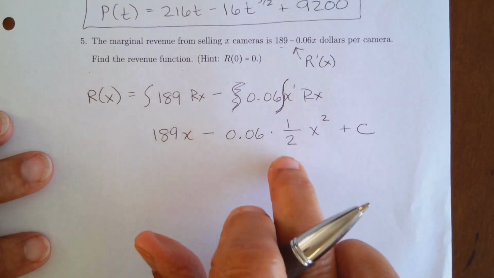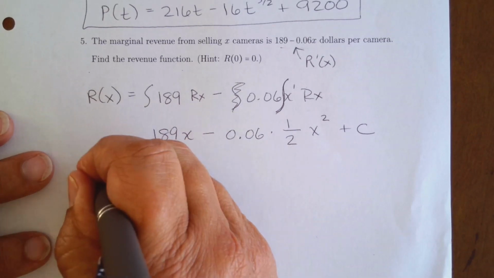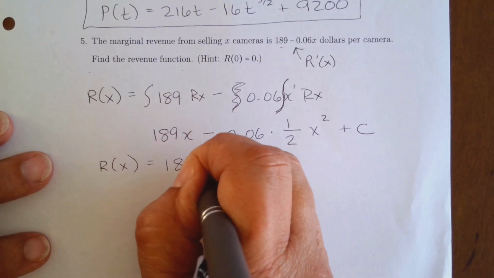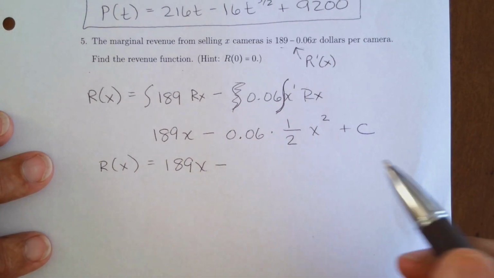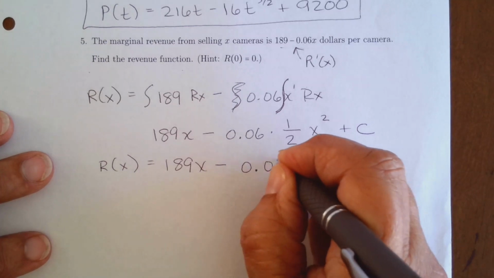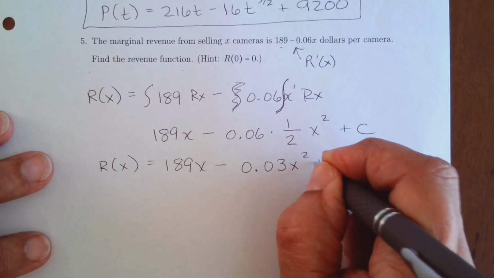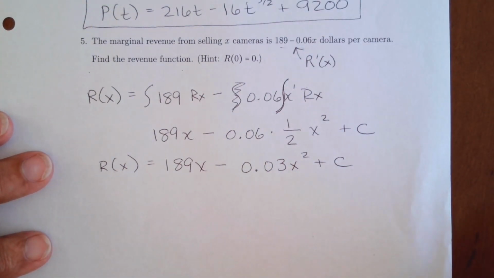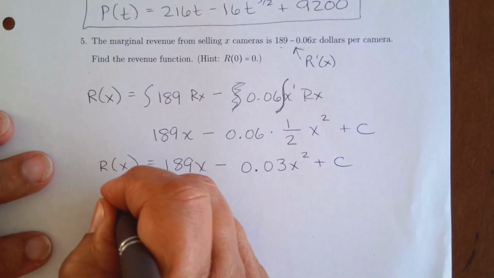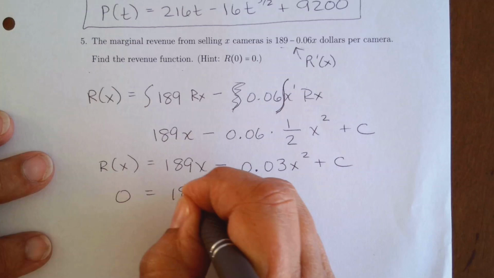All right, so this is good. Here's our revenue function, 189x, and we just have to simplify this. We've got 0.06 divided by 2, so that's 0.03x squared plus c. And again, look at this: everything's 0. The revenue is 0 when x is 0.